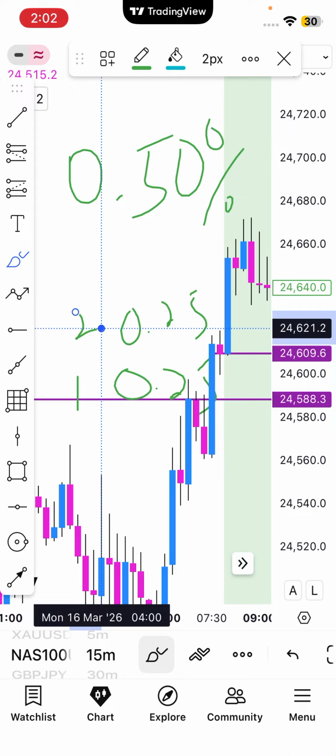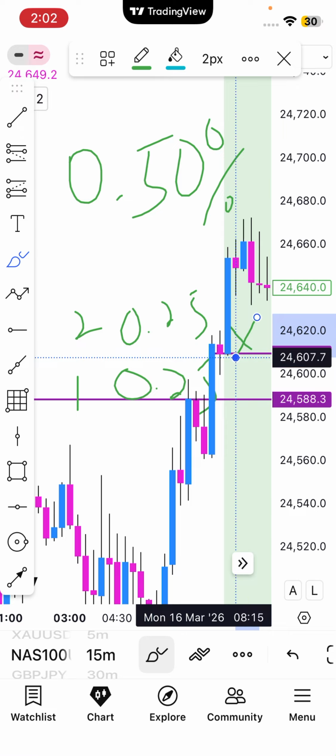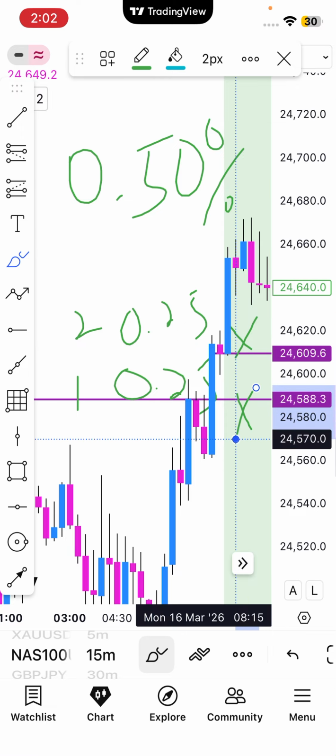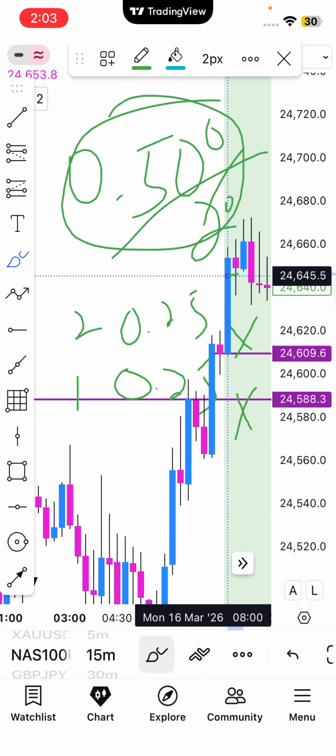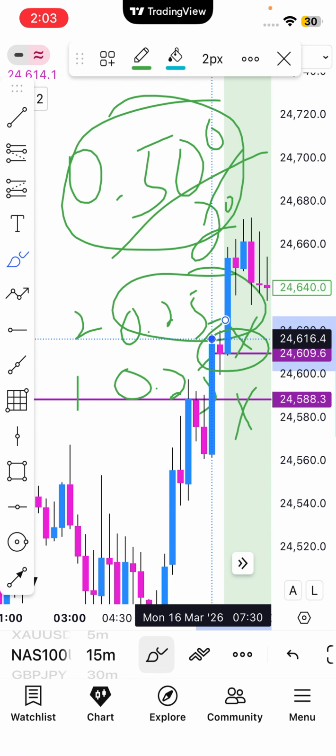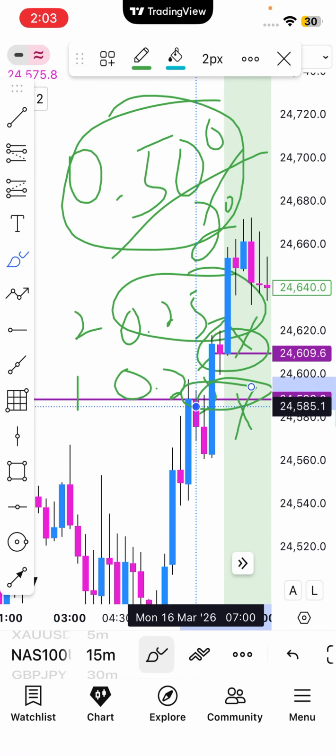So you have 1 and 2. So you split your risk, basically, because you don't know if price is going to tap this level or this level. So if your total risk is 0.50%, then you're going to split it in half, right? So you put 0.25% on this level here, and then 0.25% on this level here, right?